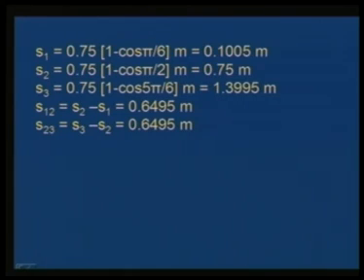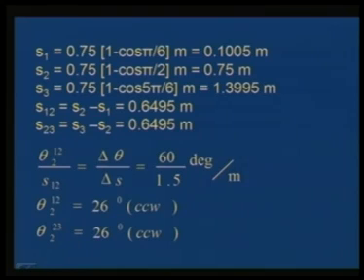And S23 is exactly the same, because the rotation of the crank has to be proportional to the movement of the fork. The relationship is theta 2,1,2 divided by S12 is the same as delta theta by delta S, where delta theta represents the total travel of the crank and delta S represents the total travel of the fork.